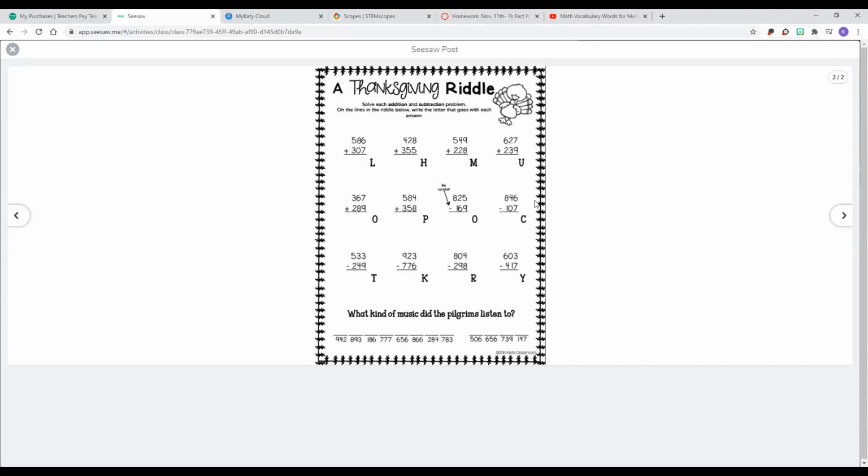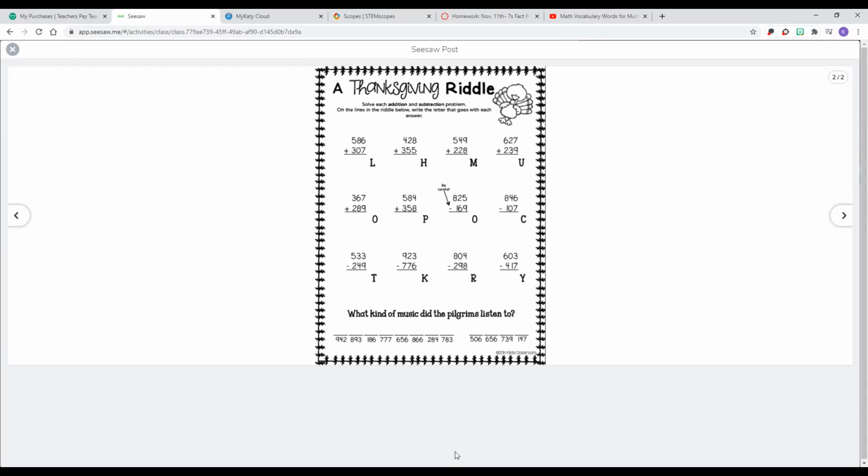Whatever number you get, whatever the answer is, that's where that letter is going to go down here. So whatever the answer is, your letter is then going to go down here. If your answer is not down there, that means it's definitely not the answer.